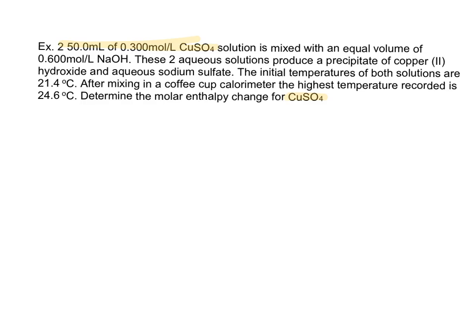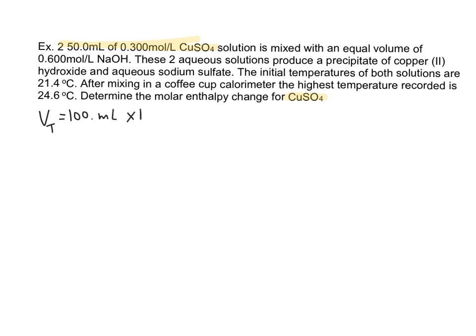All right, so let's collect the information that we know. We have a solution of copper 2 sulfate, and we have 50 milliliters. We have 50 milliliters of sodium hydroxide. So our total volume is 100 milliliters.